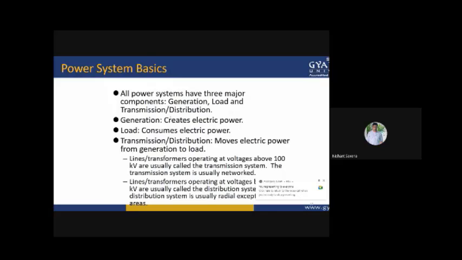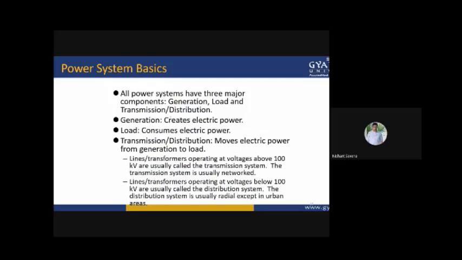All power systems have three major components: generator, load, and transmission and distribution. The generation is the one which creates electric power, and the load is the one which consumes the electric power.